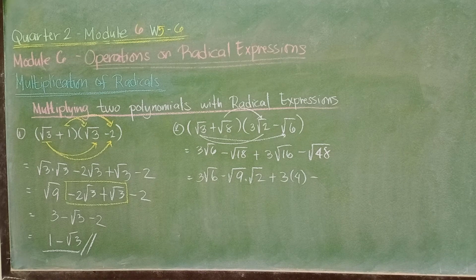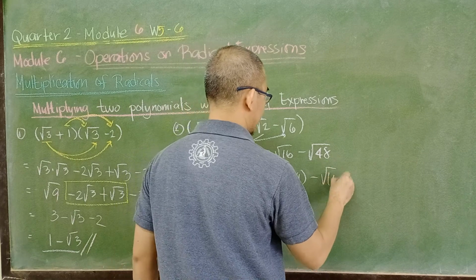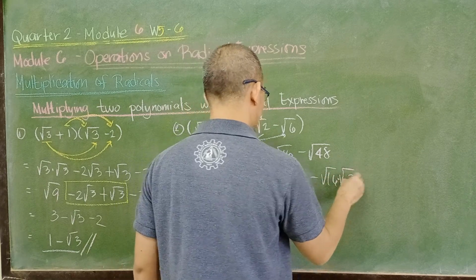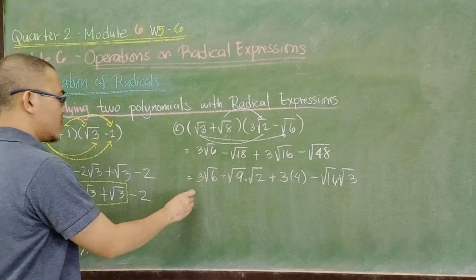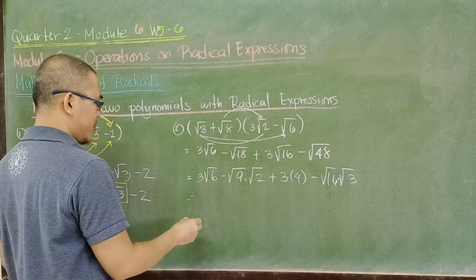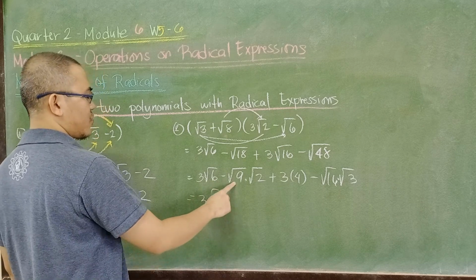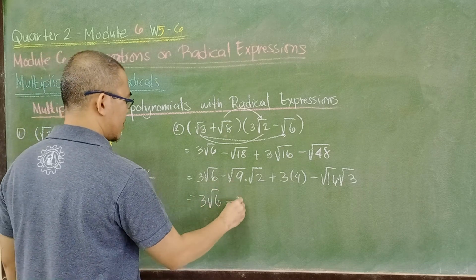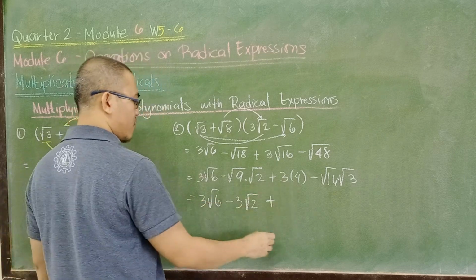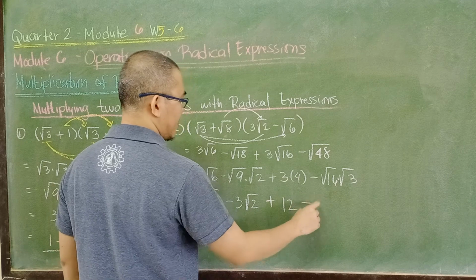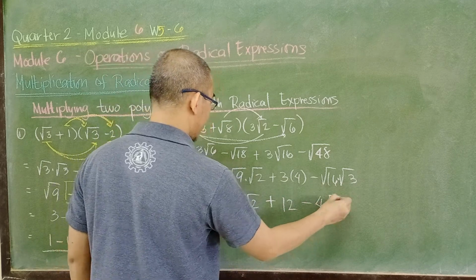So yung factors na gagamitin natin sa 48 is square root of 16 times square root of 3. So 16 times 3, that's still 48. So again, simplify furthermore. So 3 square root of 6, and then square root of 9, that is 3, copy yung square root of 2, plus 3 times 4, that is 12, minus square root of 16, that is 4, copy yung square root of 3.